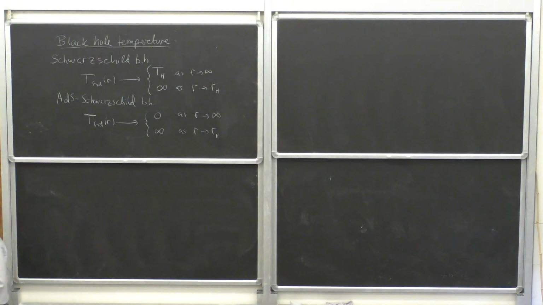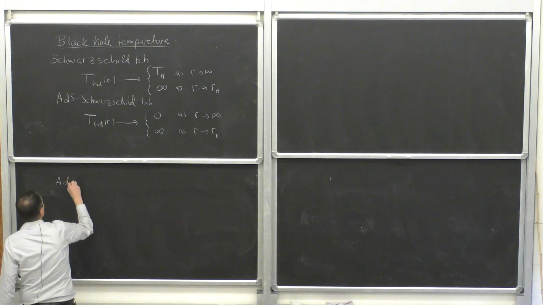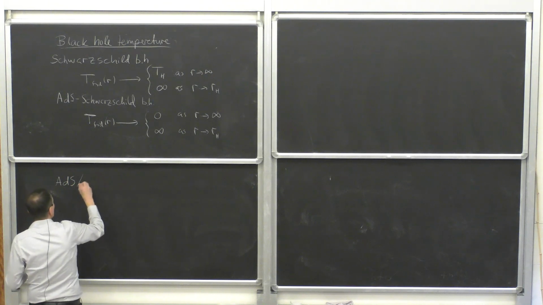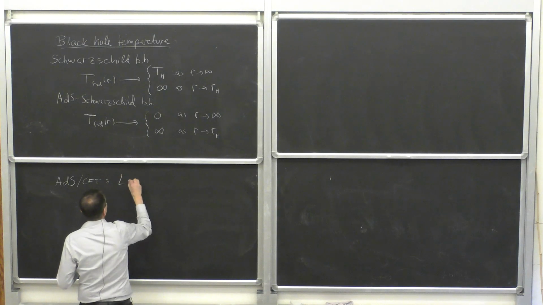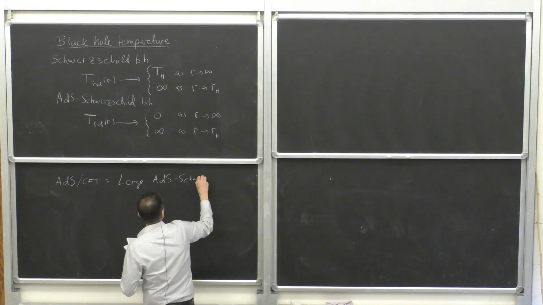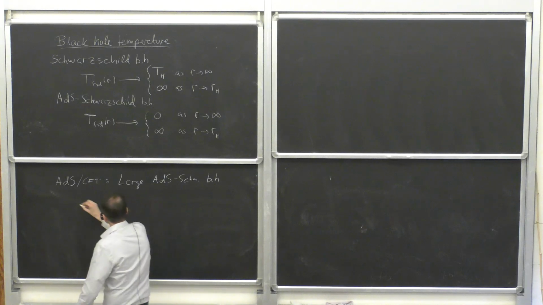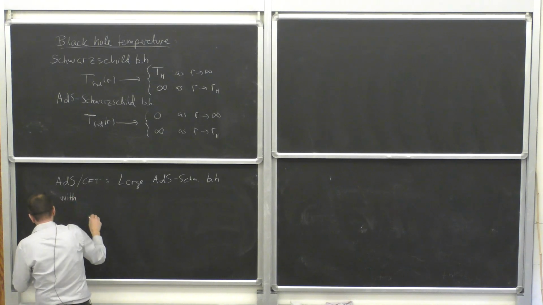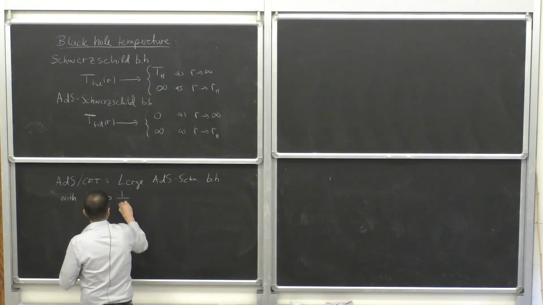And the Hawking temperature for a large AdS Schwarzschild black hole can be arbitrarily large. So we remember that, well, what that means is for the AdS/CFT context, if you have a large AdS Schwarzschild black hole, then by that I mean it is above the Hawking-Page transition, that was 1 over pi L here.